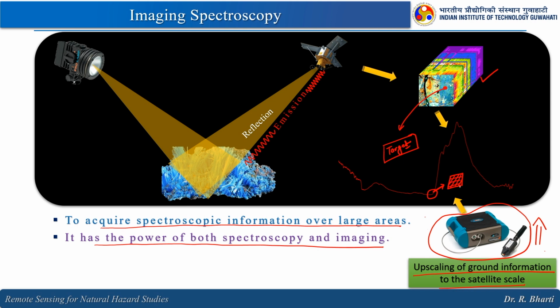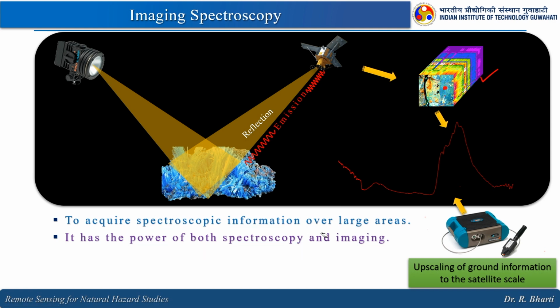And once we have this information from the field, right, what we do is, we try to correlate with the same pixel spectra of this image, and then we see how much matching is there, right. And based on that, we will be able to say that this is the accuracy of my satellite image result, which is produced by some processing steps, right.